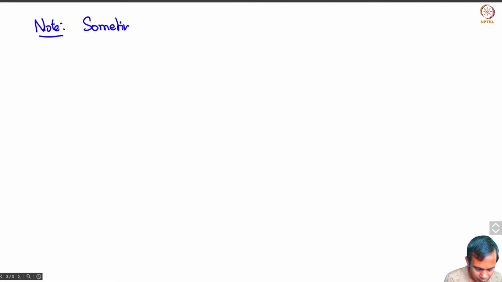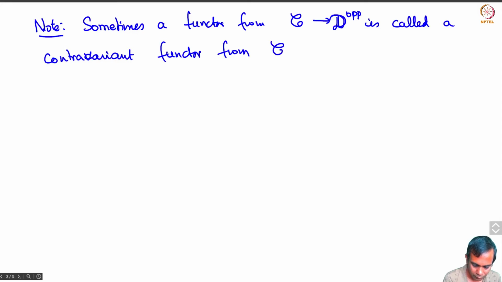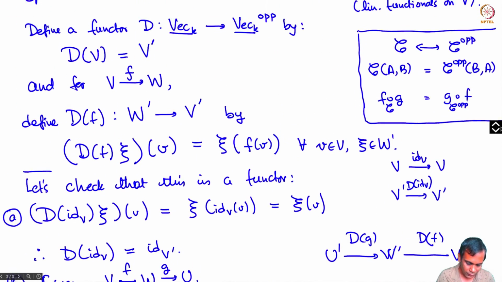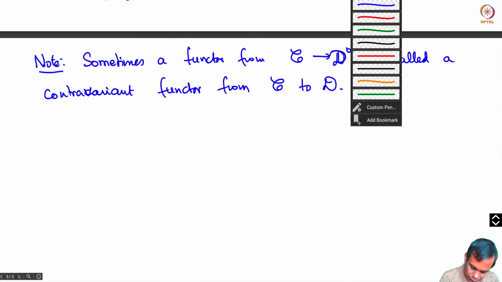A functor from a category C to D op is called a contravariant functor from the category C to D. So instead of saying it's a functor from C to D op, we'd say it's a contravariant functor from C to D. So this functor capital D that we defined earlier is a contravariant functor from Vec K to Vec K. Or you can just say it's a functor from Vec K to Vec K op. That's the notion of contravariance.